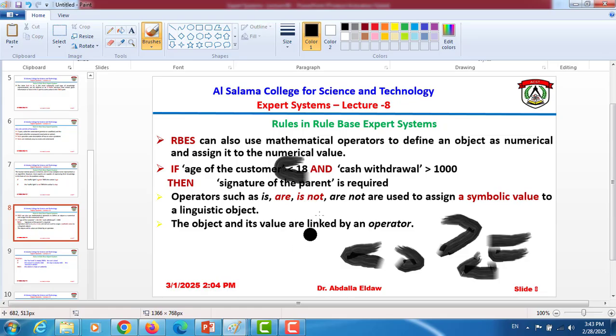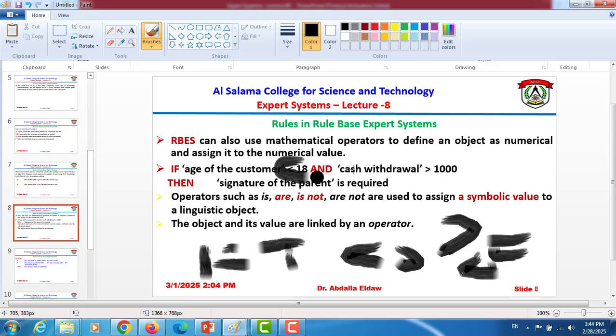As we know, logical operators include 3 types: and, or, not, and they give us one of 2 values, true or false, according to the type of the logical operator.